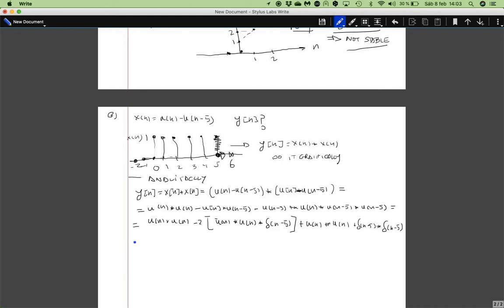And now we do the following thing. We know from the counterexample that we did that convolving u[n] with itself gives as a result the ramp function displaced 1 unit, so it is n plus 1 times u[n].